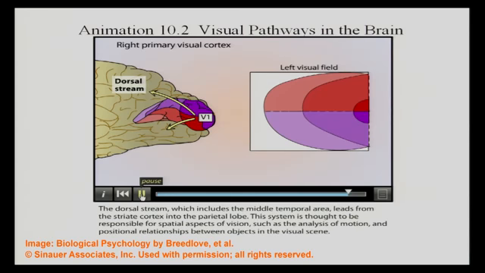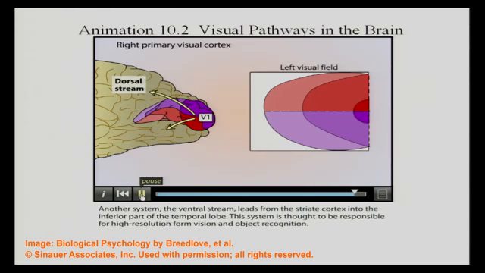This system is thought to be responsible for spatial aspects of vision, such as the analysis of motion and positional relationships between objects in the visual scene. Another system, the ventral stream, leads from the striate cortex into the inferior part of the temporal lobe. This system is thought to be responsible for high-resolution form vision and object recognition.